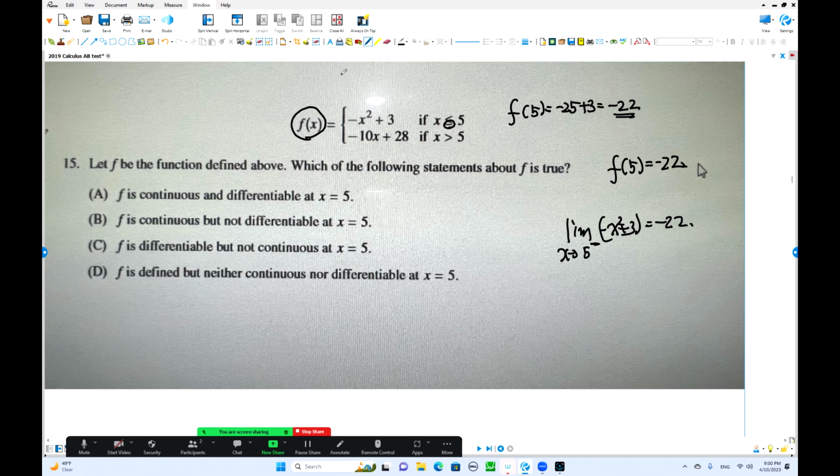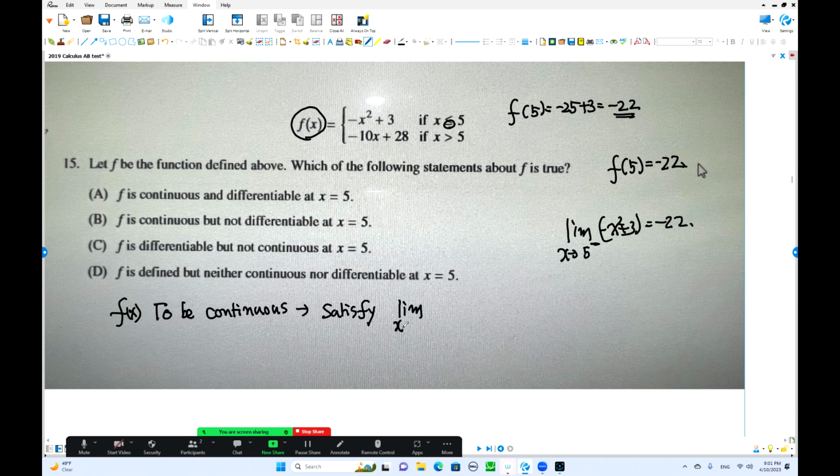To be continuous, f of x to be continuous, the conditions must be satisfied. What is it? Limit value first.